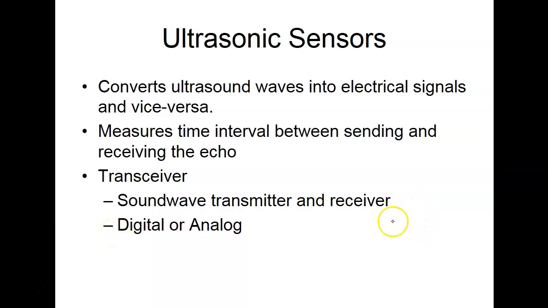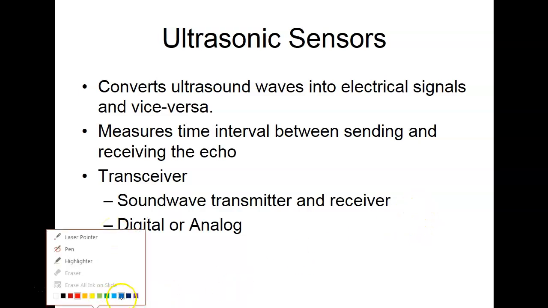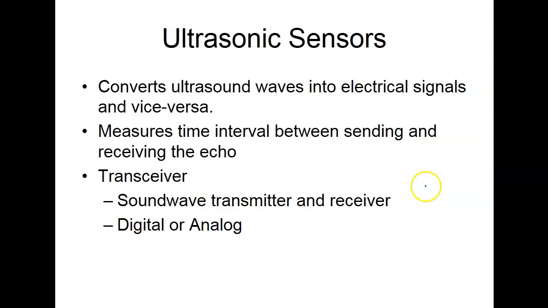Ours just happens to be round. It looks like this, and it's got a bunch of threads on it, where we can actually adjust the height, and then it's got a cable on top of it.